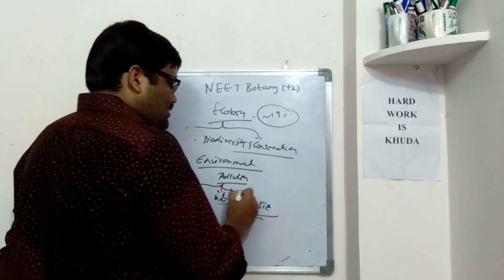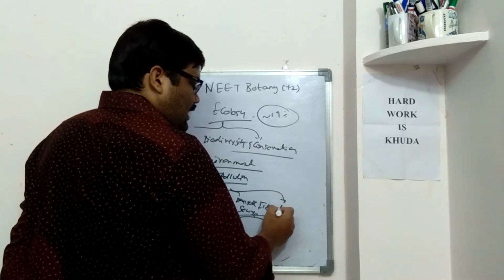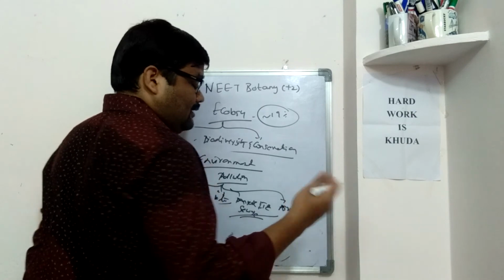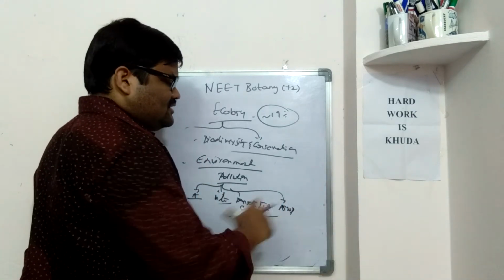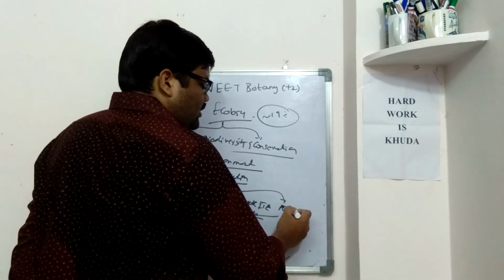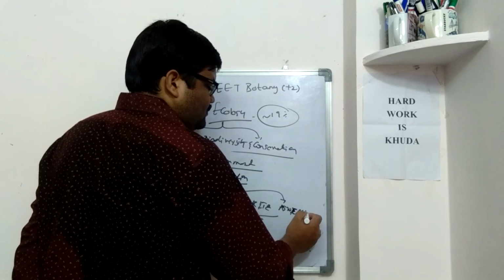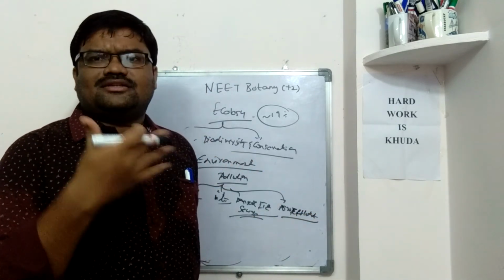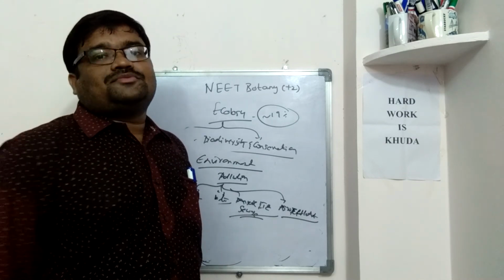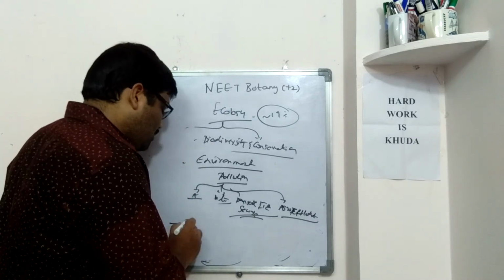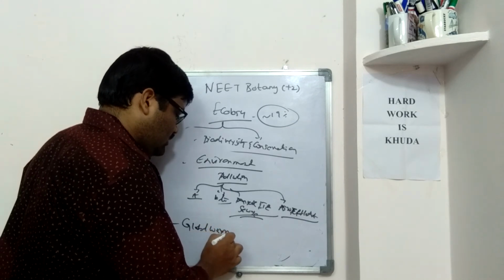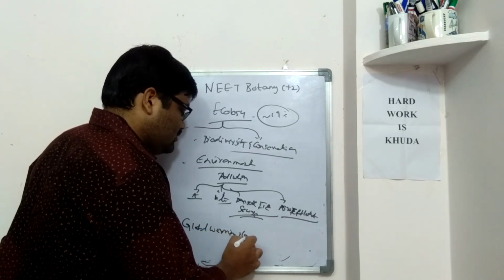Then apart from these, agro-pollutants, that means pollutants arising from agriculture, agro-effluents or toxic substances. I am using different words for understanding. Then radioactive substances. Then most importantly, global warming and the greenhouse effect.